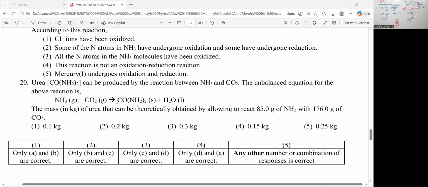Urea can be produced by the reaction between NH3 and CO2. The unbalanced equation for the above reaction is given here.